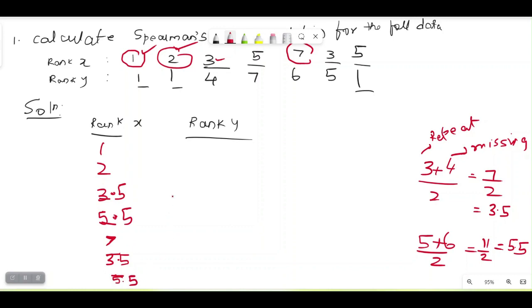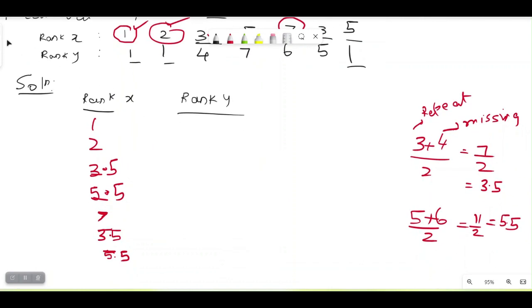Fine. Now we do similar things to series Y. If you observe in series Y, 1 is a problem. This rank 1 is also a problem.